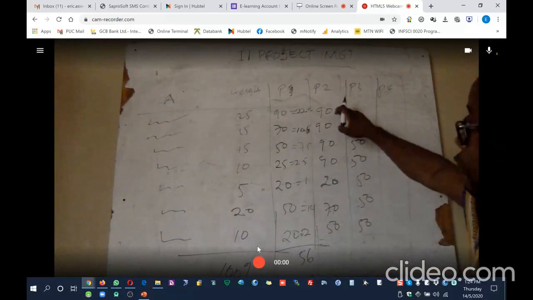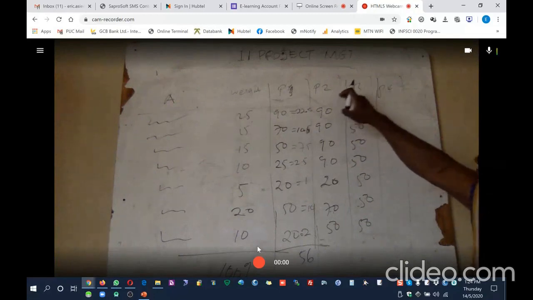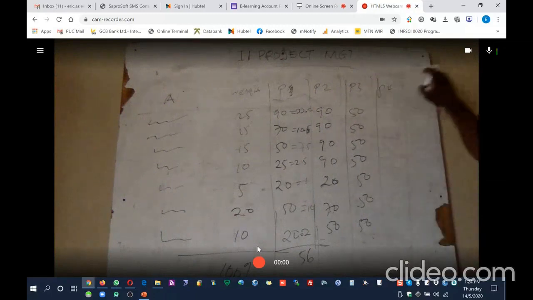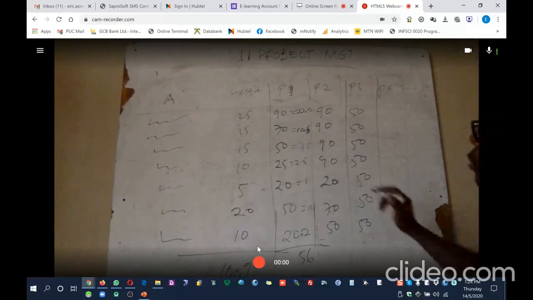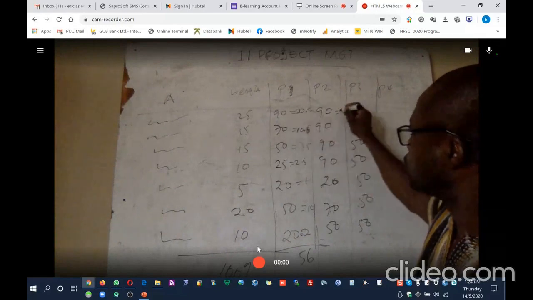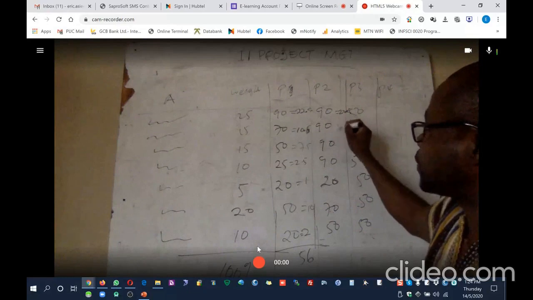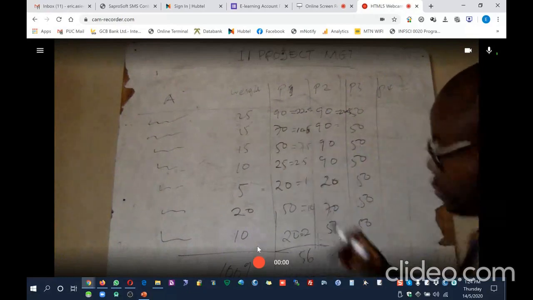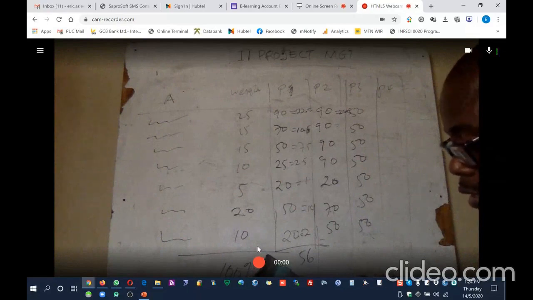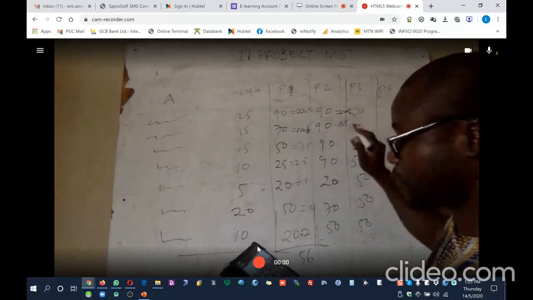Let's do a similar thing for project 2. So we did a calculation for project 1, project 2, project 3. If there are 5 projects, we go through the calculation. So for project 2, 90% will also be 22.5. Then 90% of 15 is 0.15 times 90%, that is 13.5.